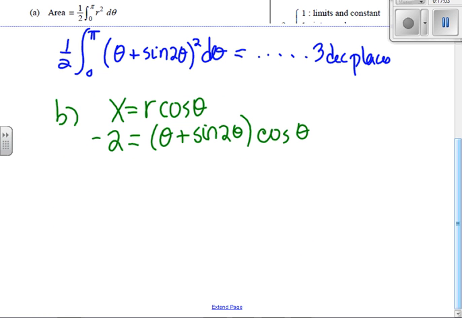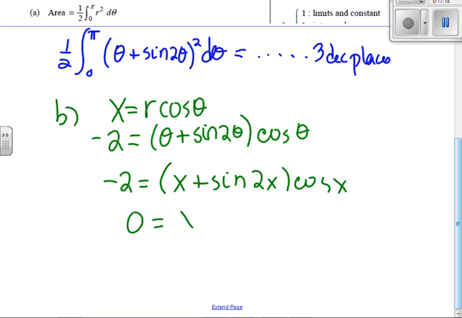You do not have to be in polar mode. You can just solve on your graphing calculator x plus the sine of 2x, times cosine of x. And personally, my preference is to make this equal to 0. I would not distribute it. I would type it in as I'm writing it, because if you distribute wrong, you're going to get the wrong answer. And so it's a graphing calculator. Just make sure you are in radian mode.